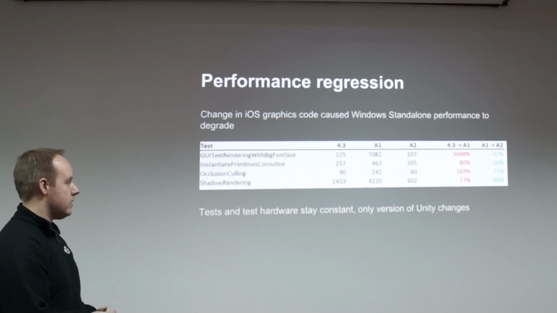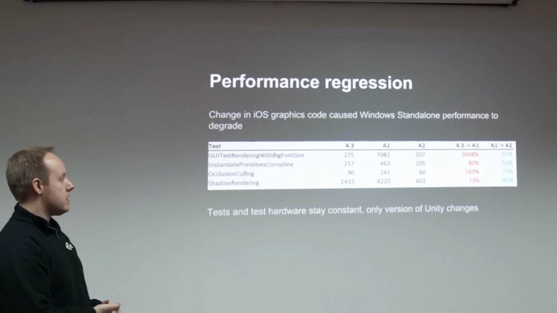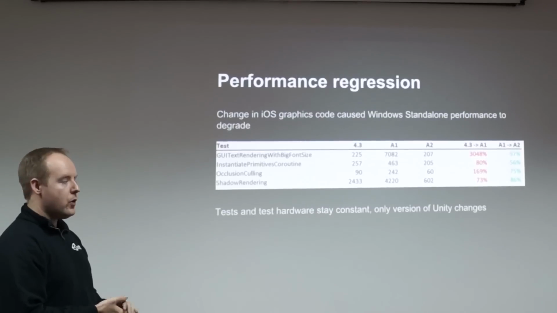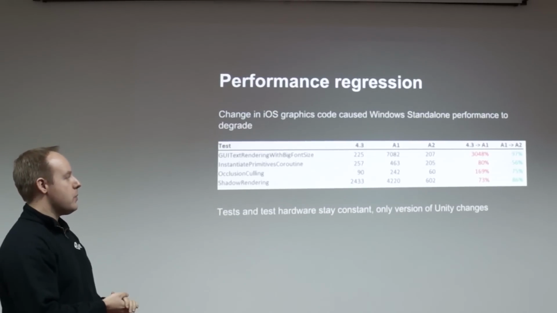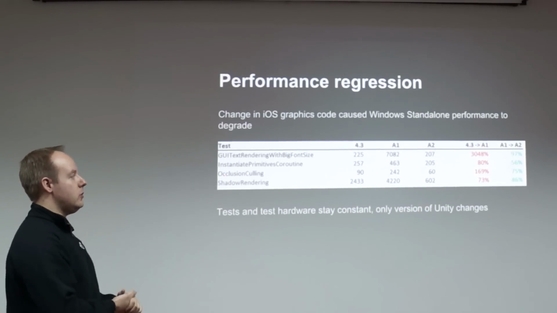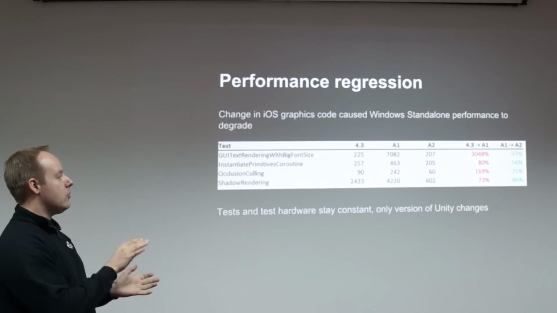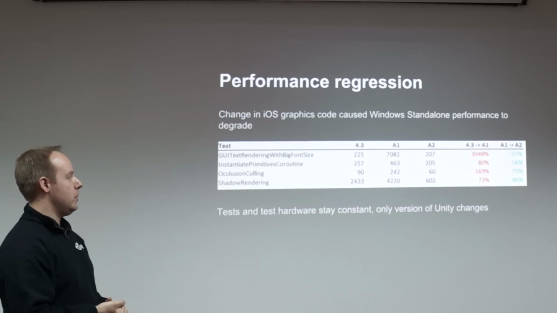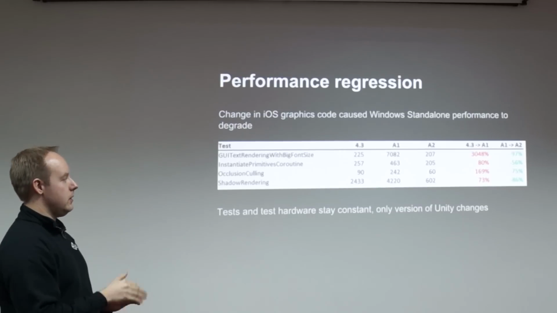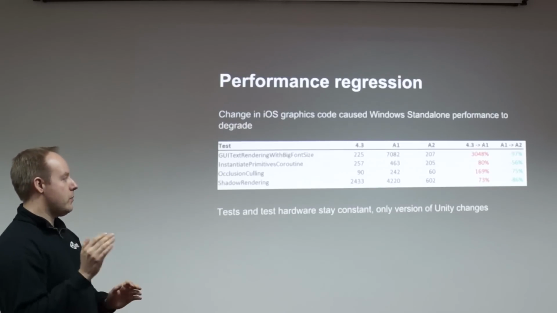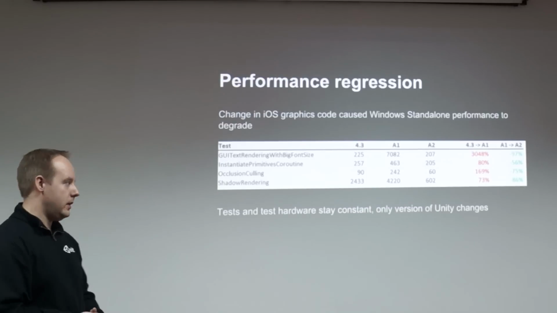What it means for these tests is that the performance goes down. So it's performing worse than it was performing before. And then on the next version, A2, the value comes back to what it was in 4.3 or goes even lower than that. So then the performance comes back to a good level again.